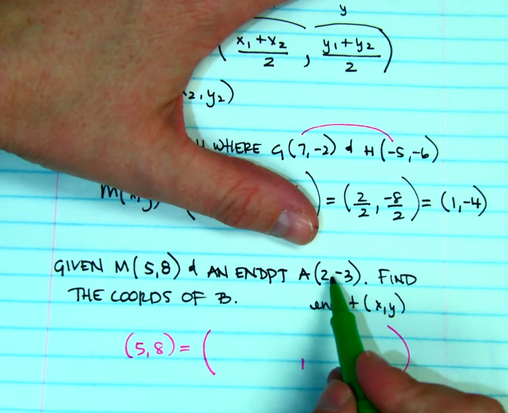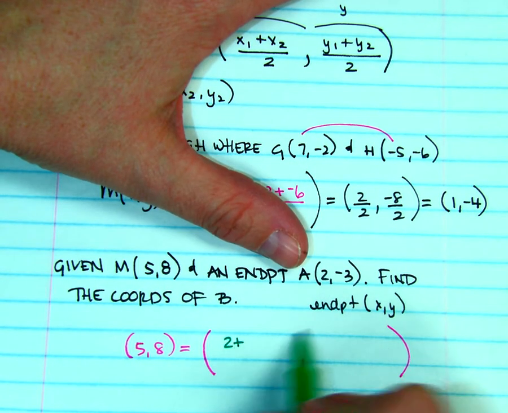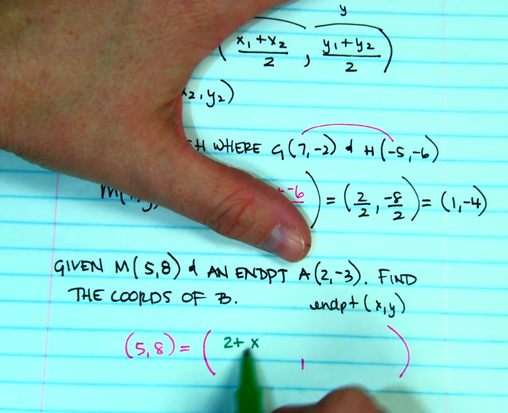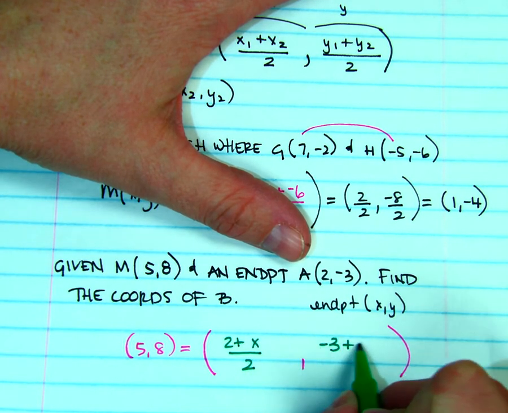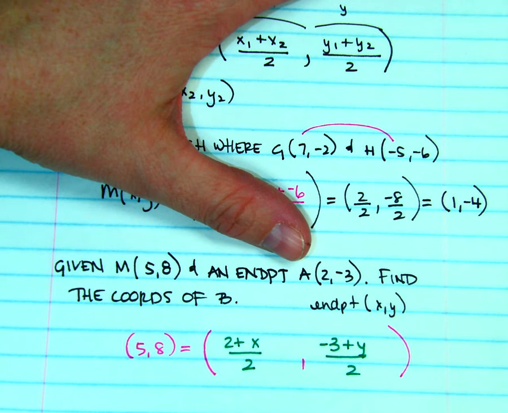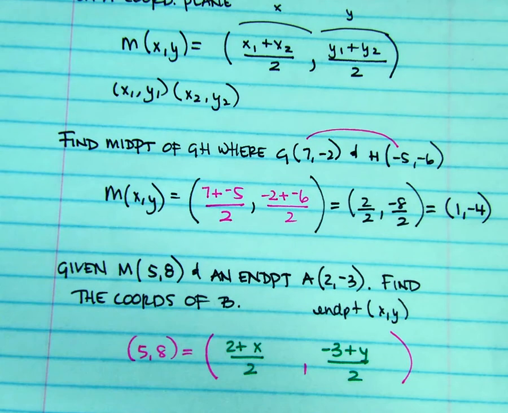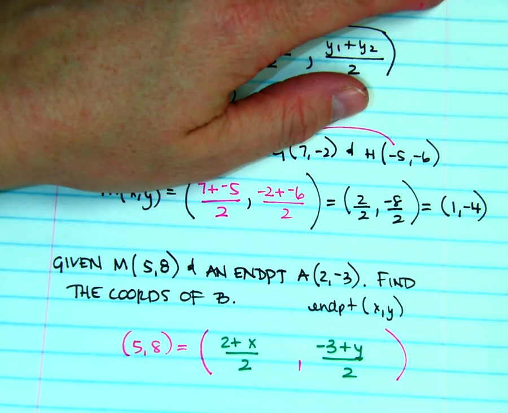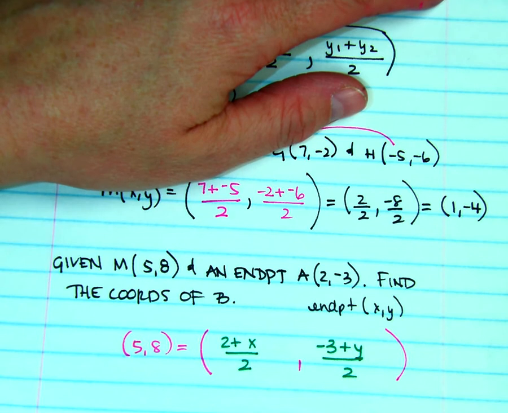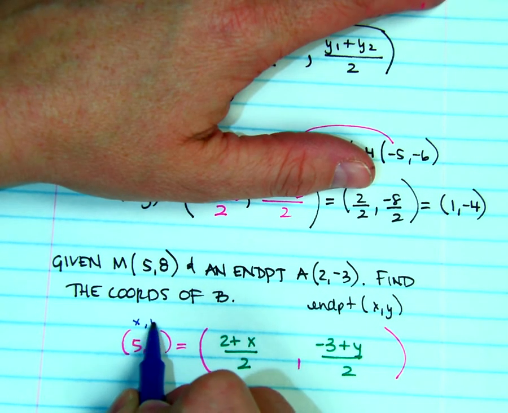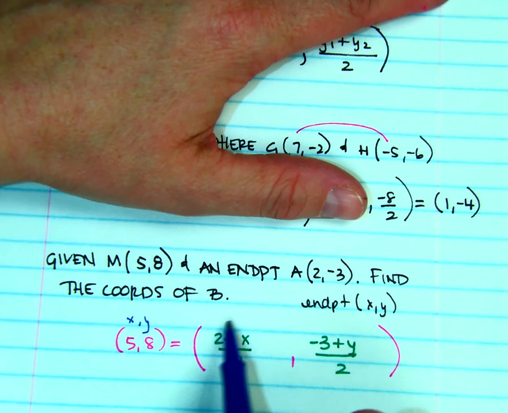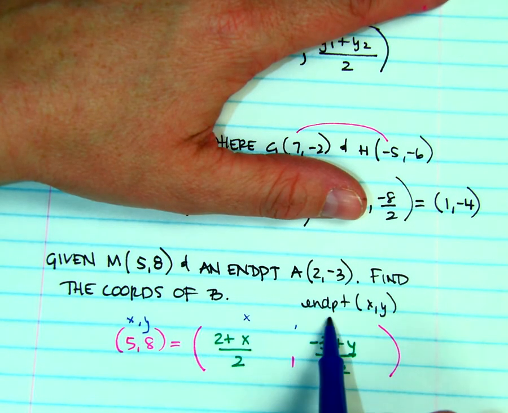So I have one endpoint, so 2 plus the x that I don't know, divide that by 2, and -3 plus the y that I don't know, and divide that by 2. Remember, this is x comma y, and this is also x comma y.